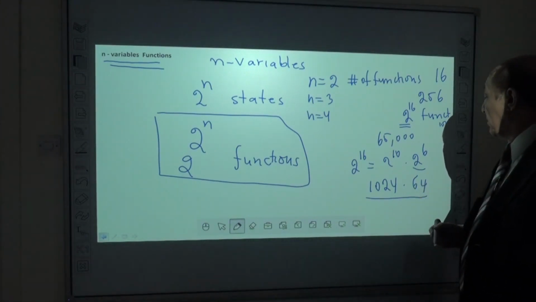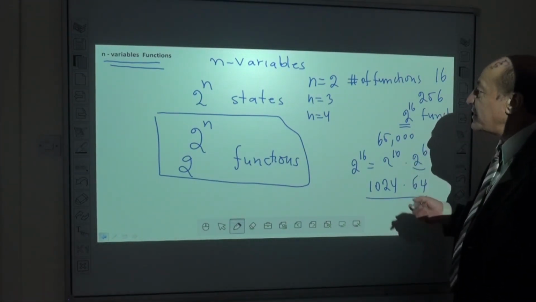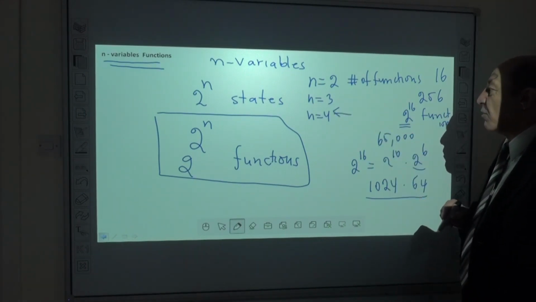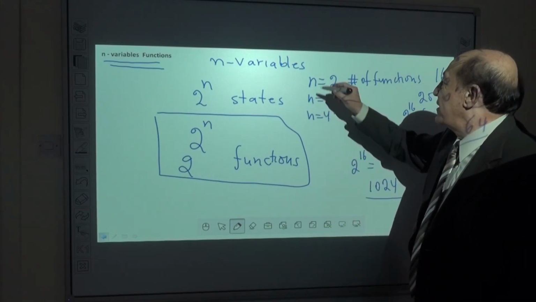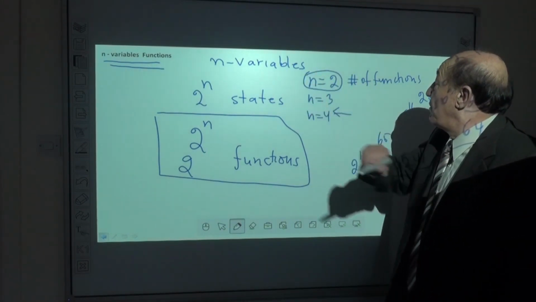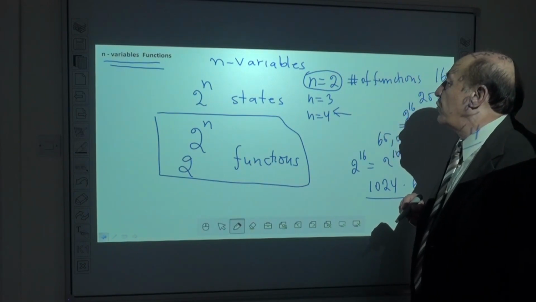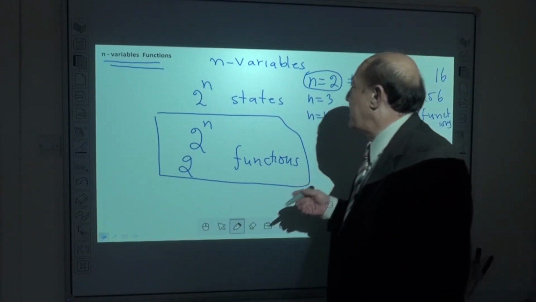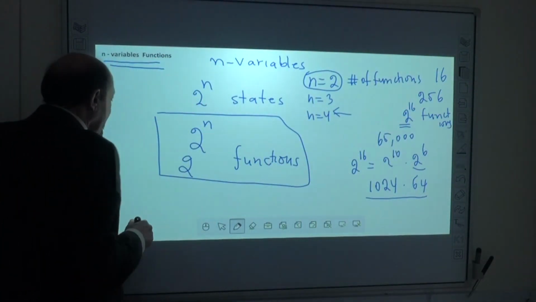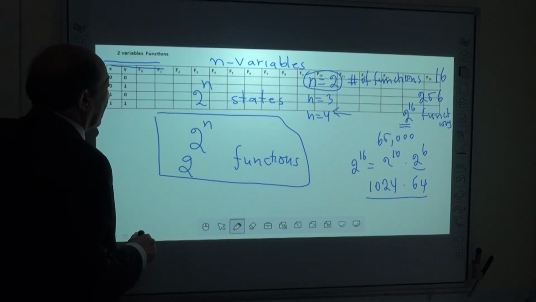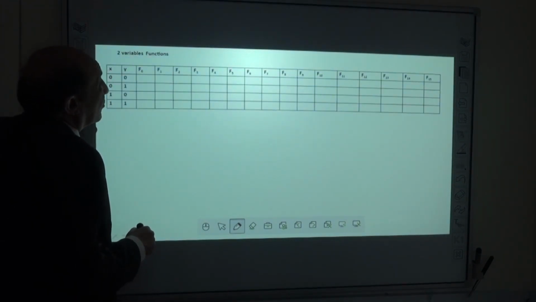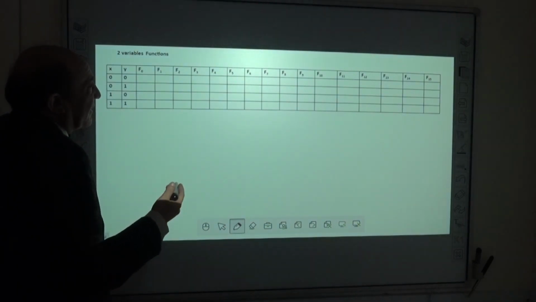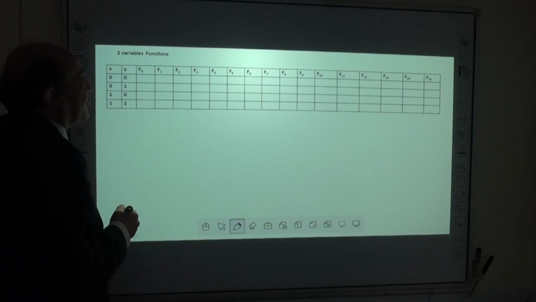So you cannot list these functions even for 4 variables. However, we are going to list all the functions for 2 variables, and in the same manner you can continue for more variables, not by listing them, but by knowing the logic of how they are generated.